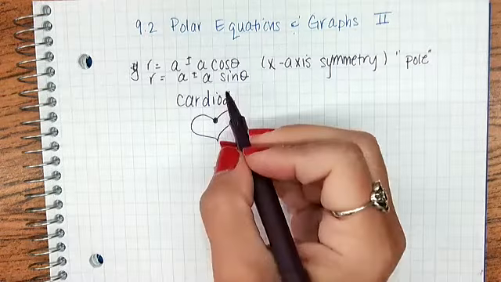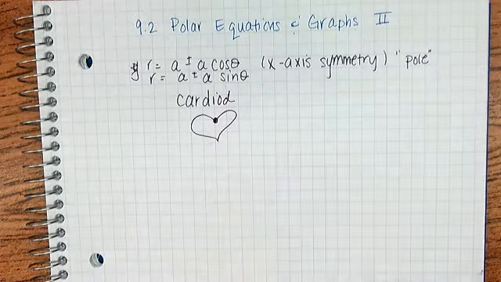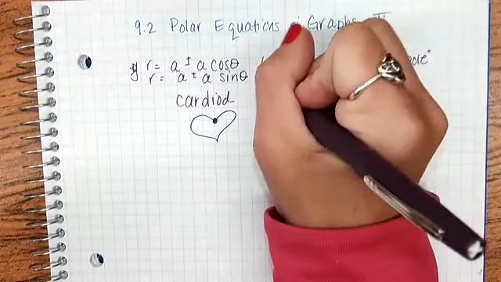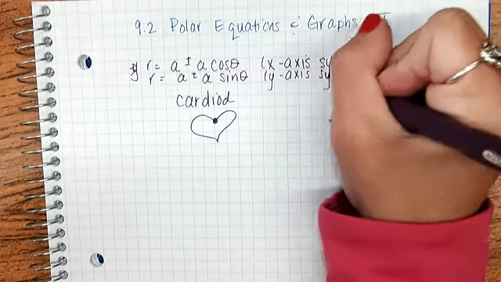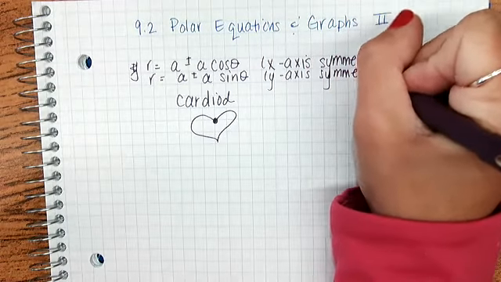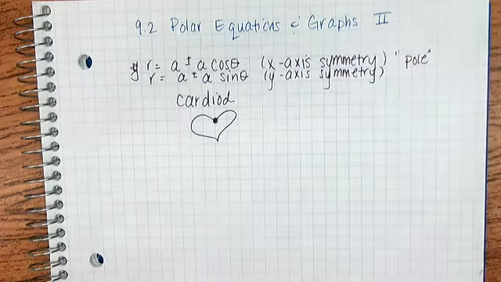Along those same lines, sine is related to y, so this is going to have y-axis symmetry, and this is going to save us a lot of time when it comes to plugging in points.